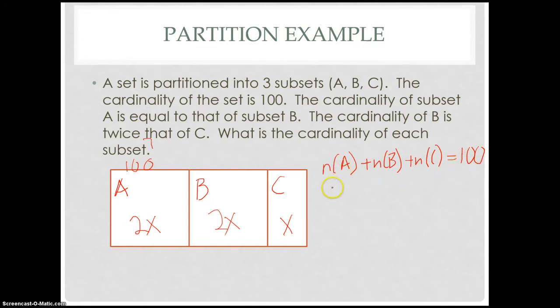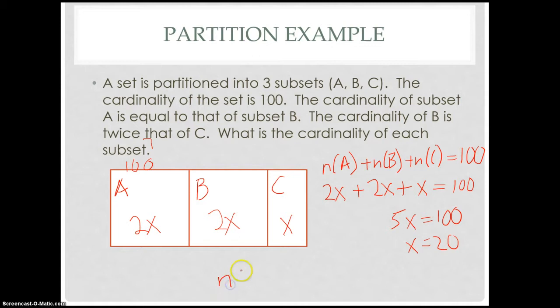So now we can just do some substitution here. The cardinality of A is 2x, the cardinality of B is also 2x, the cardinality of C is x. So let's see here, 2x plus 2x plus x is 5x equals 100. We need to divide both sides by 5, and it turns out that x is 20. So now we can answer our question.